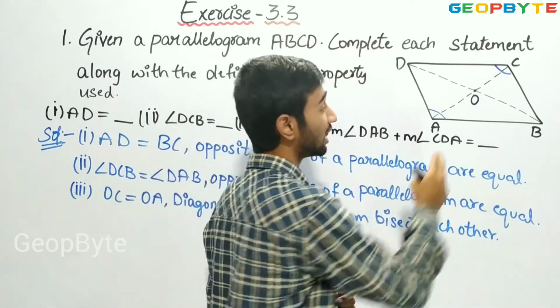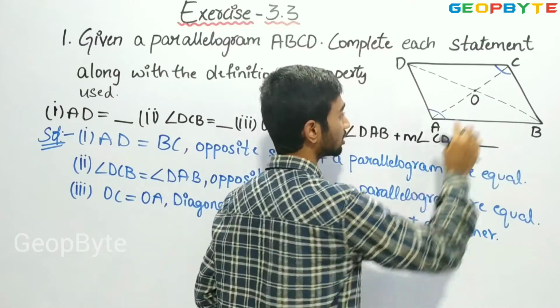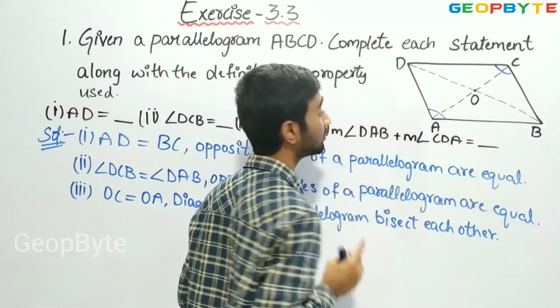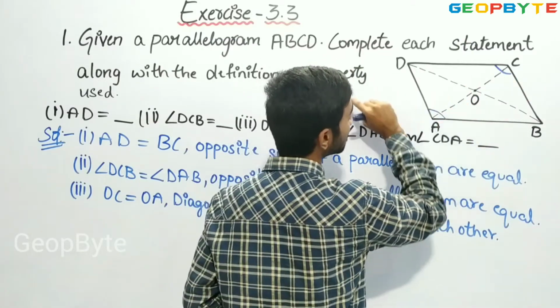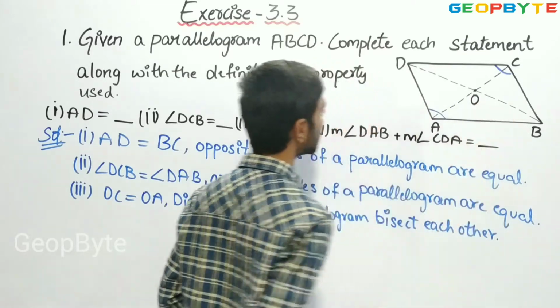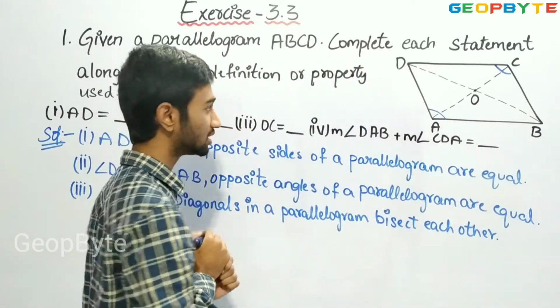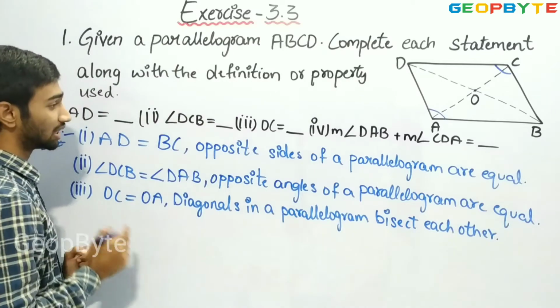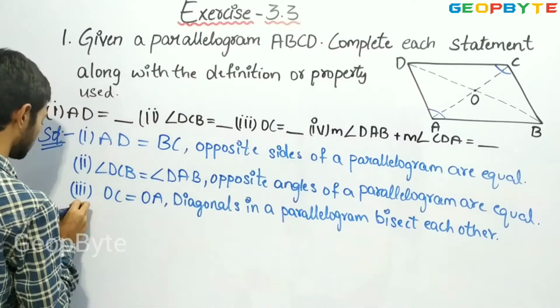Bisect means dividing the line into two parts. So OC is equal to OA, and also OD will be equal to OB, because the diagonals bisect each other. Now next, let us see the fourth one.